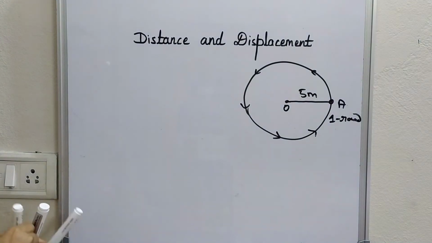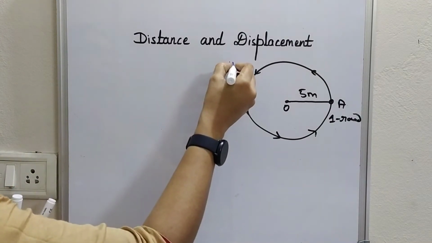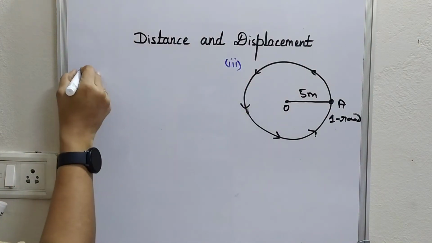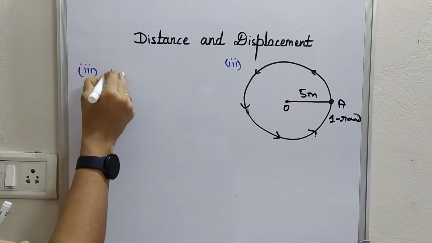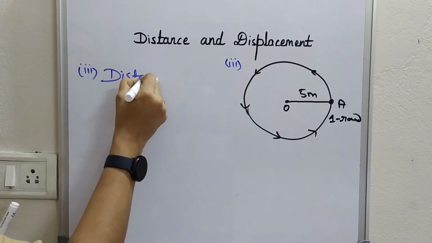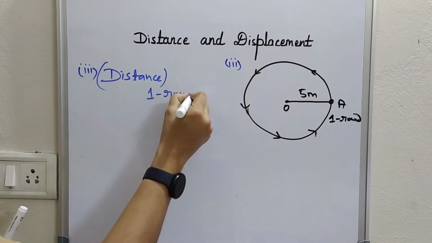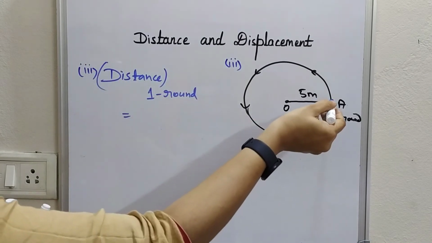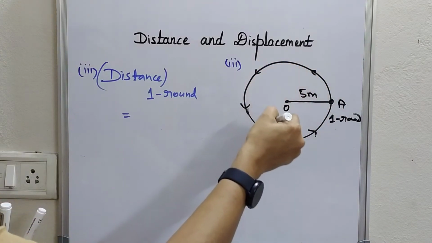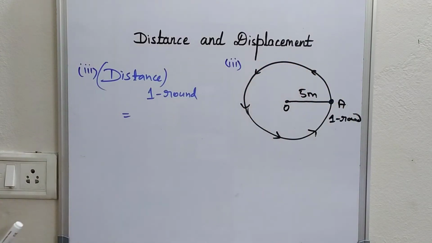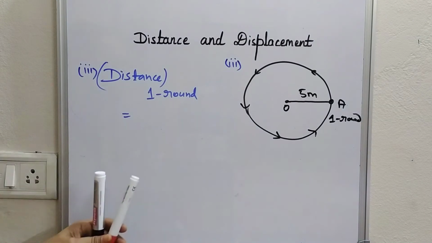In this one round journey, what is the distance traveled by the body? The distance traveled by the body on completing one round of the circle is the length of the actual path traveled by the body. And what is the length of the actual path in this case?